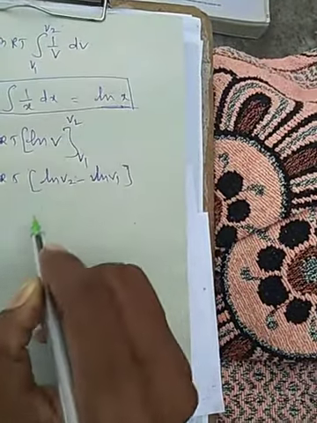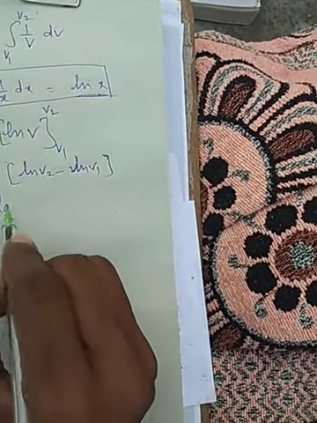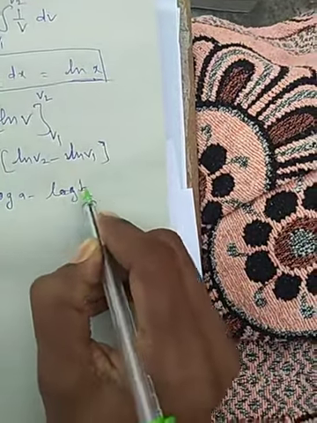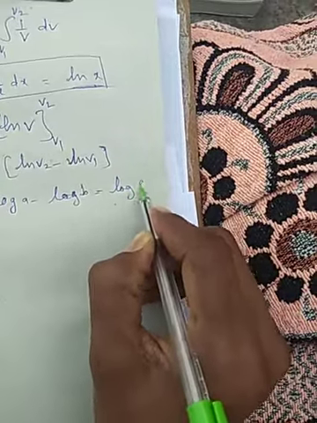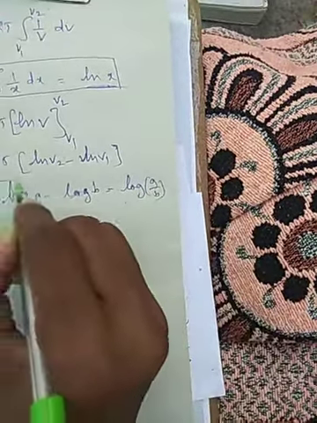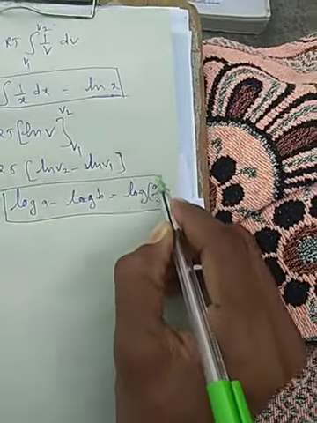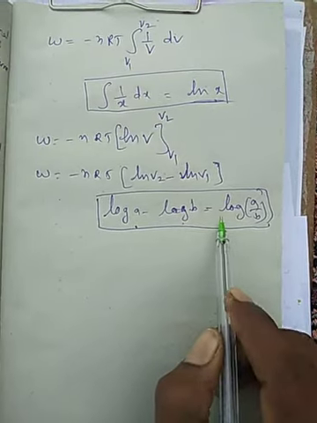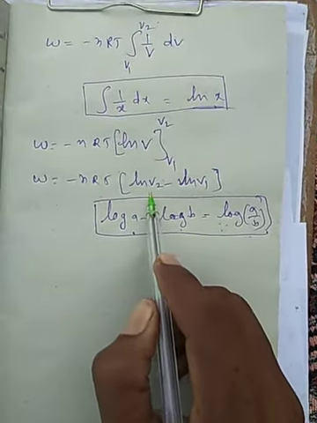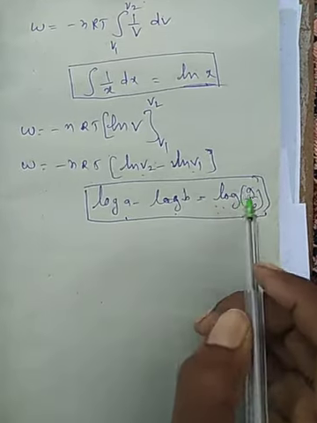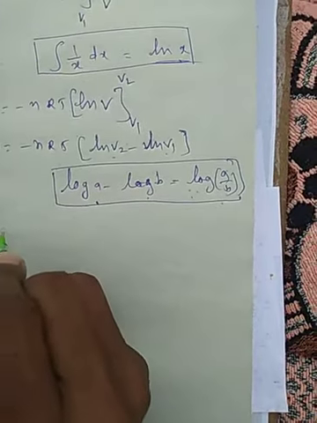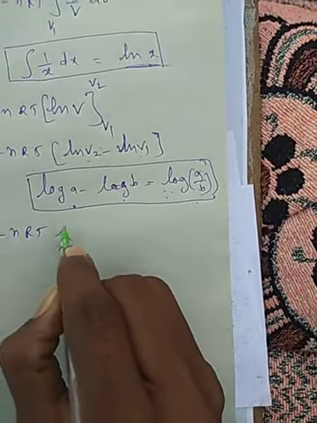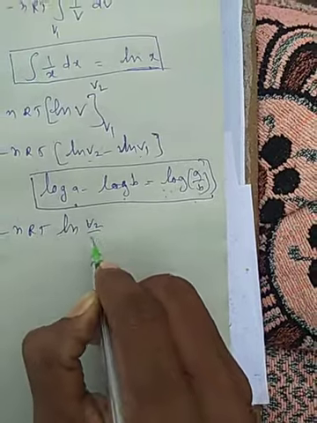Now this is one more formula, a logarithm formula: log a minus log b equals log a by b. So we can write W is equal to minus nRT ln v2 by v1.